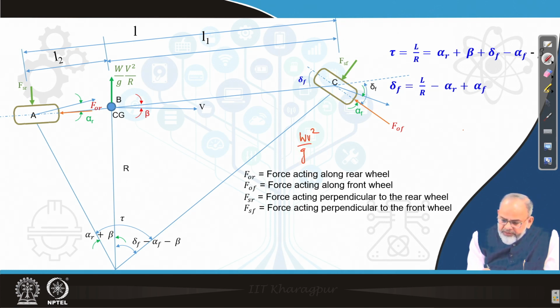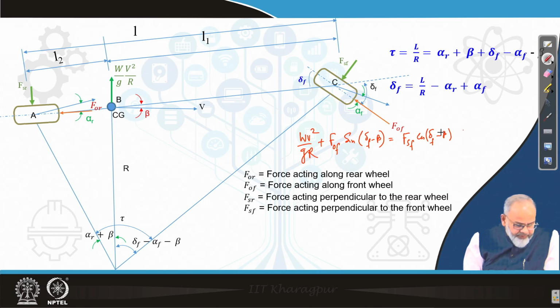So, the first thing will be W V square by g R, the centrifugal force. Then, if you look at the front wheel, it will have a component FOF sin (delta F minus beta). So, this will be equal to FSF cos (delta F minus beta), plus then we will go to the rear wheel, FOR sin beta plus FSR cos beta.